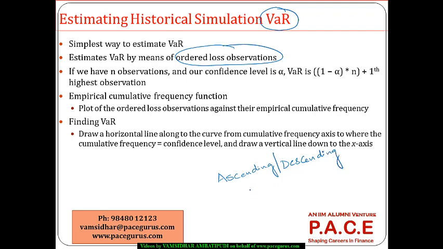Based on the confidence level and the number of observations, we directly pull out the VaR as the (1 minus alpha) times (n plus 1)th highest observation. So I can very well find that out.